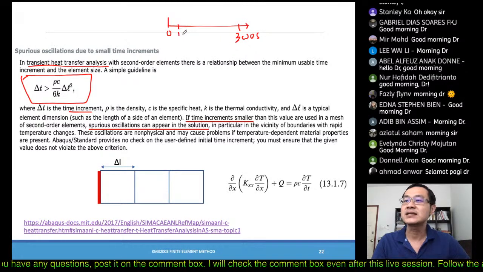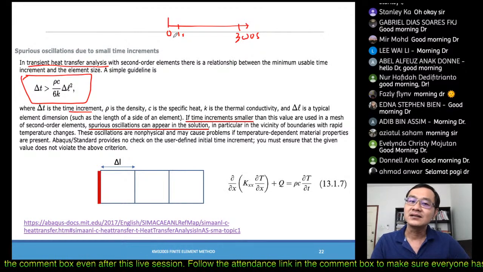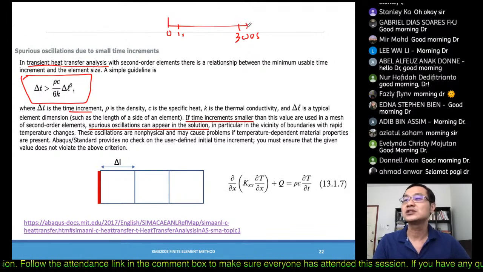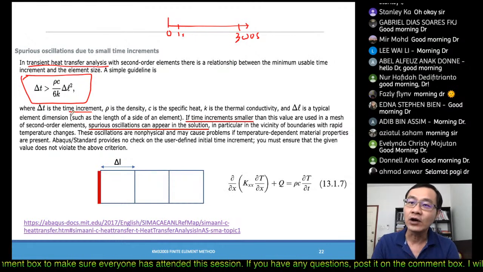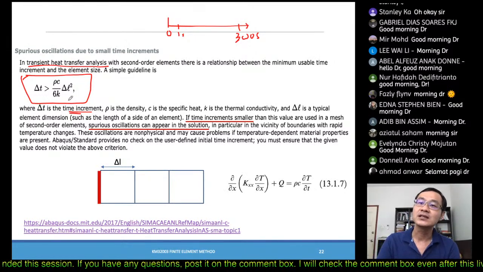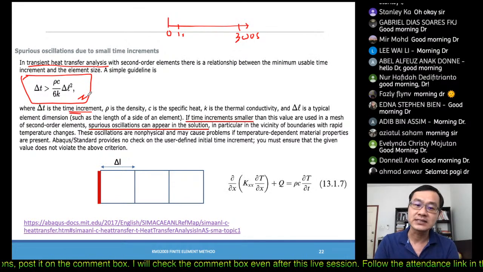Maybe this should be 1 second or maybe 0.1 second and so on. The smaller it is, the more times your computer has to run, until it reaches the end of your analysis that you define. We call this the time increment or time step itself. You should base it on this guideline. All right, so this is given by Abaqus.